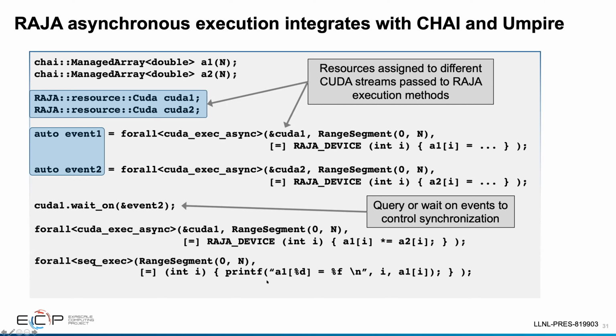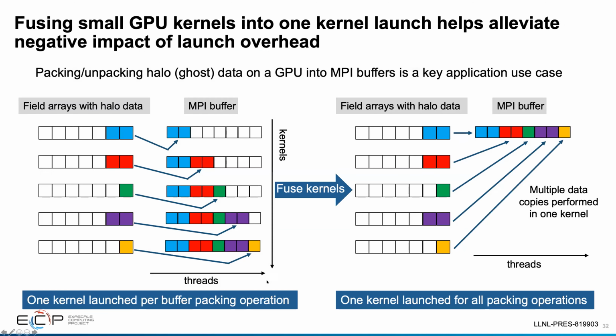RAJA also has an API for fusing kernels, so they are executed within a single kernel launch. This is a very useful feature for applications that have to do packing or unpacking of halo data. One approach, which is less efficient on the GPU, would be to consider the different fields that you have to pack, and then pack each of these fields into an MPI buffer in different kernel launches.